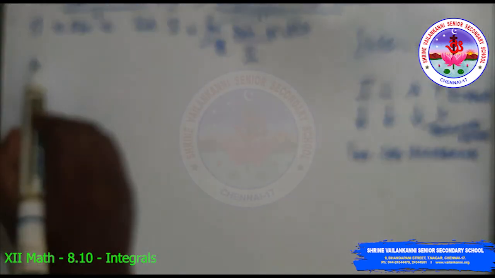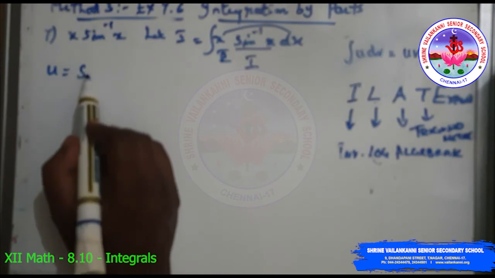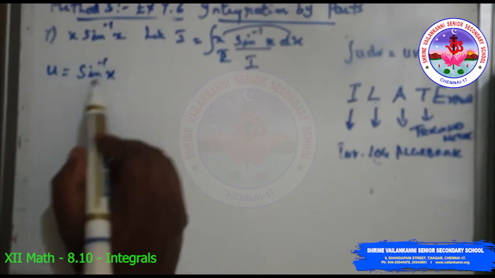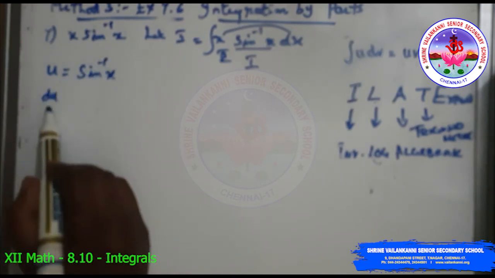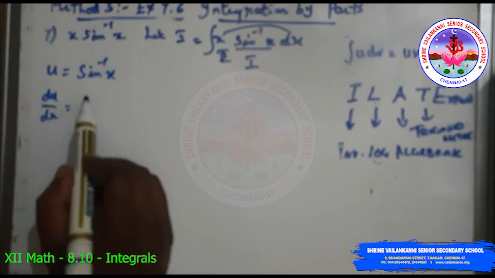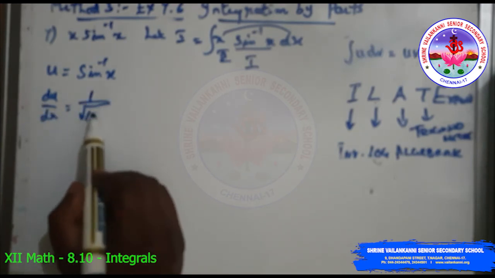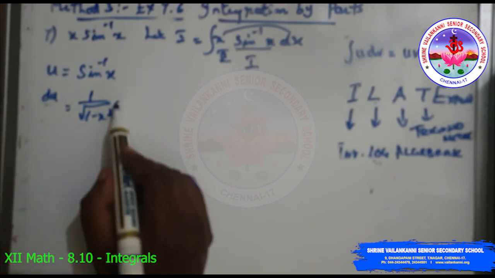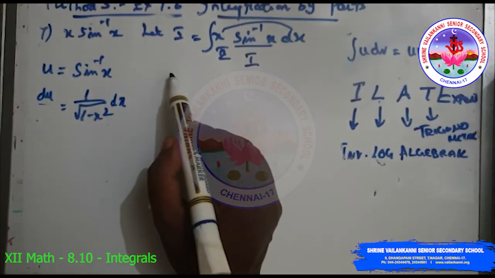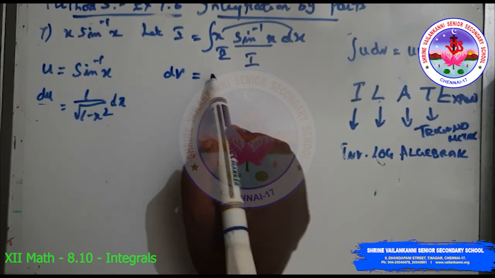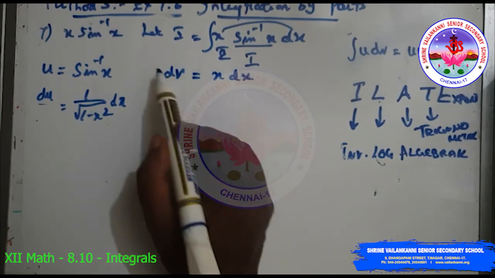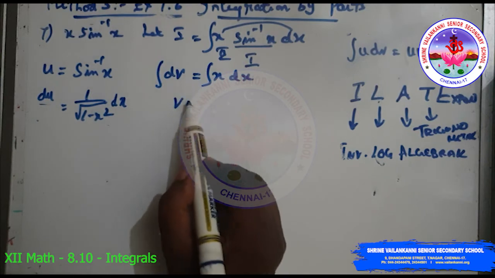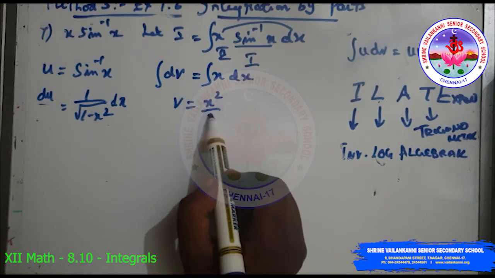I'm taking the first part as u, that is sine inverse of x. Differentiating this, we get du by dx equal to 1 by root of 1 minus x square. So du is 1 by root of 1 minus x square into dx, and dv is x into dx. Integrating both sides, we get v equal to x square by 2.